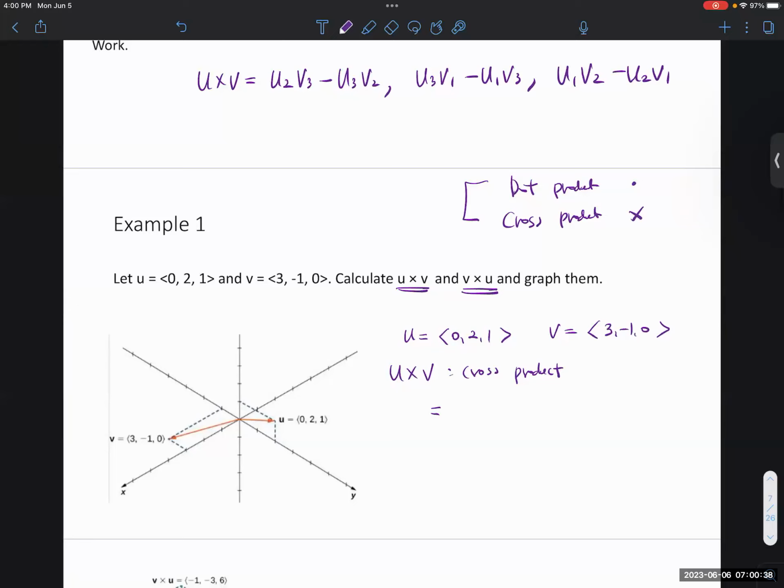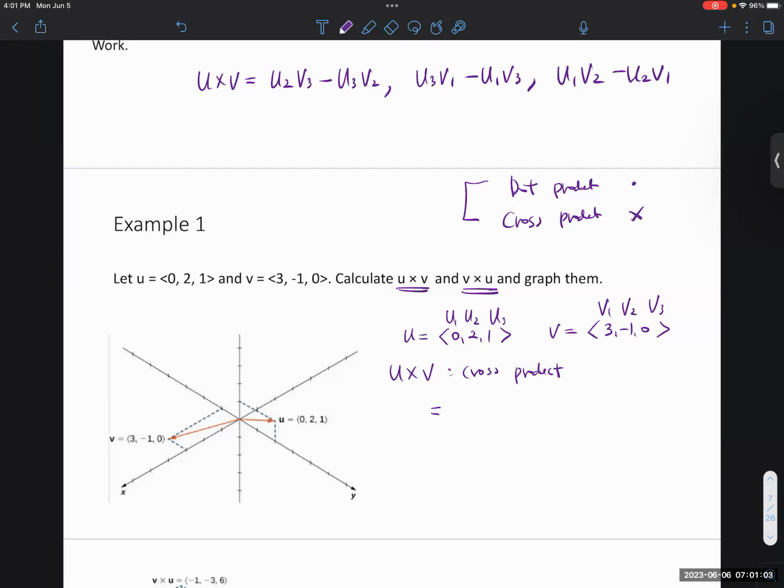As you see, this is U1, U2, U3, and this is V1, V2, V3. This is very confusing and there's a high possibility of making a mistake, right?